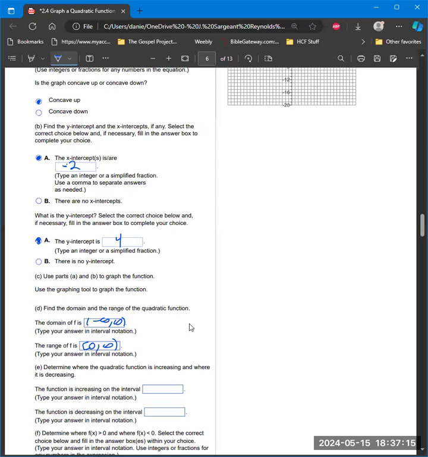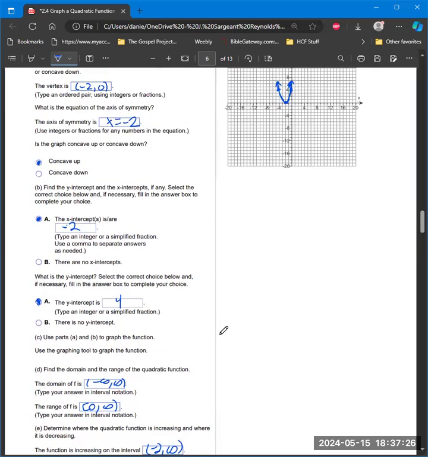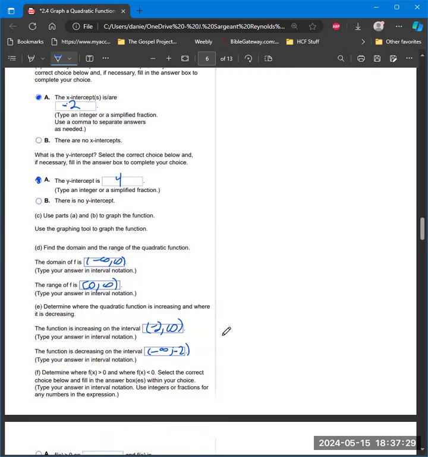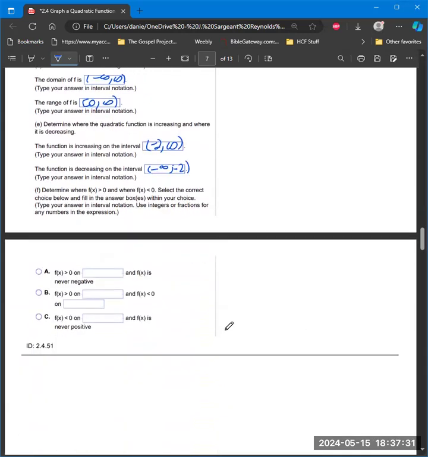The function is increasing from -2 to infinity and decreasing from -infinity to -2. It is positive everywhere other than at -2, so -infinity to -2, union -2 to infinity.